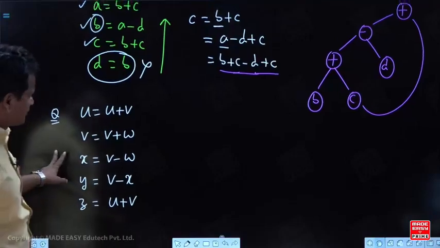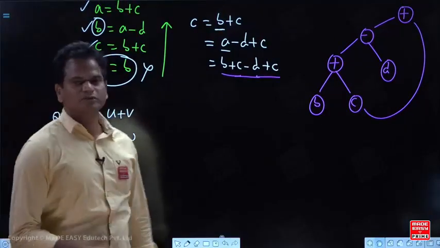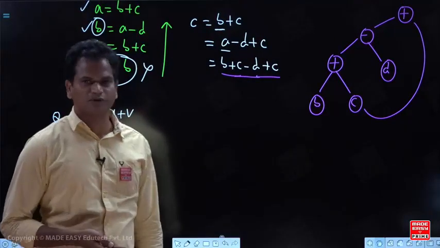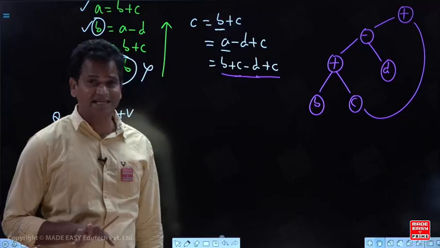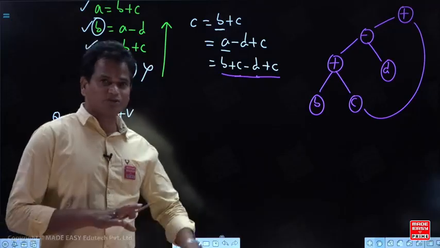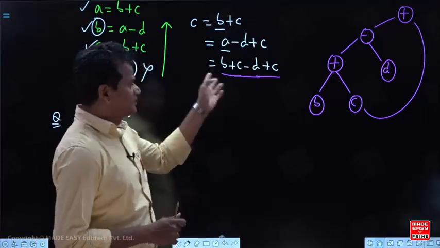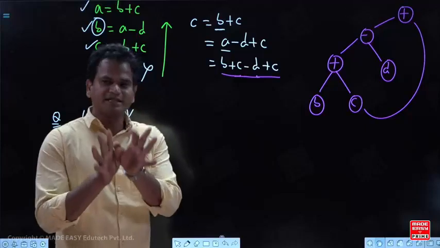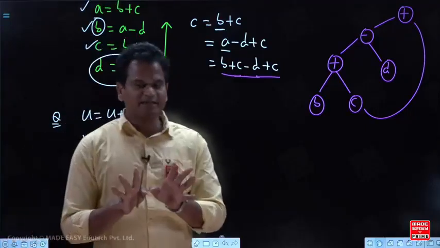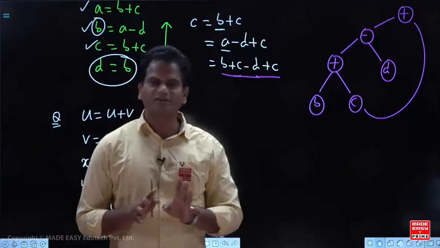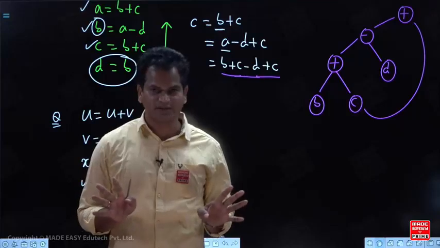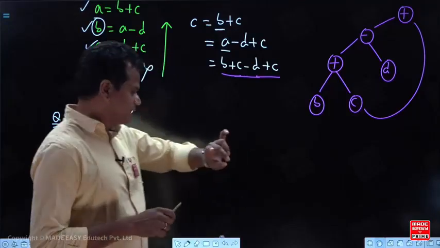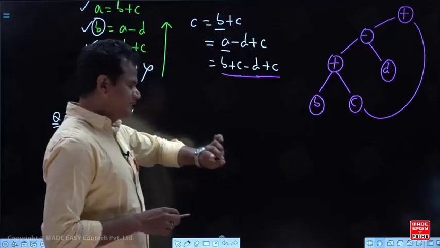After this, we will go to the control flow graph. That is also an easy topic. There is no confusion. I will tell you the procedure very clearly, then you can enjoy the class.